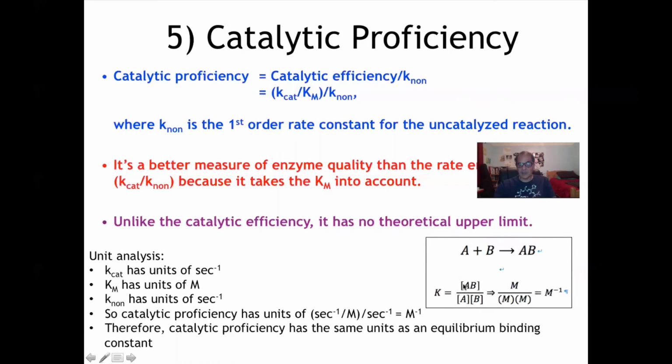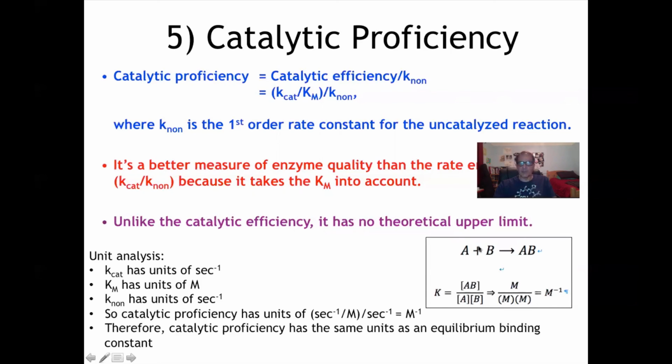So it's the concentration of AB divided by the concentration of A times the concentration of B. And since all three of these are molar concentrations, the units of an equilibrium binding constant are once again molar to the -1.